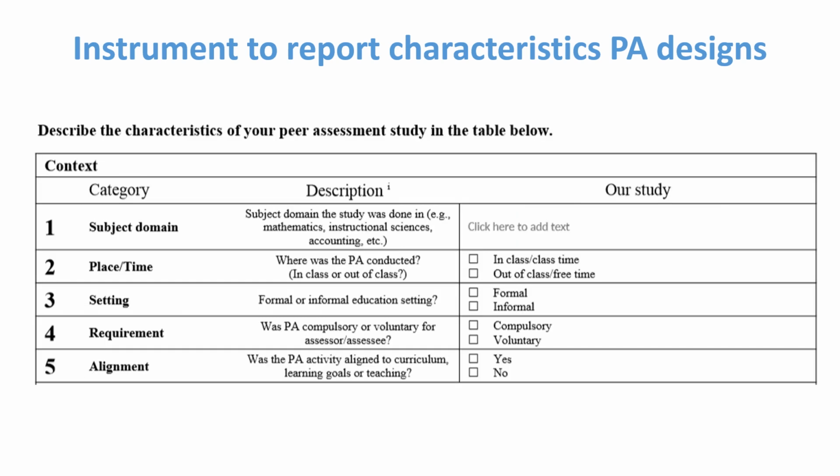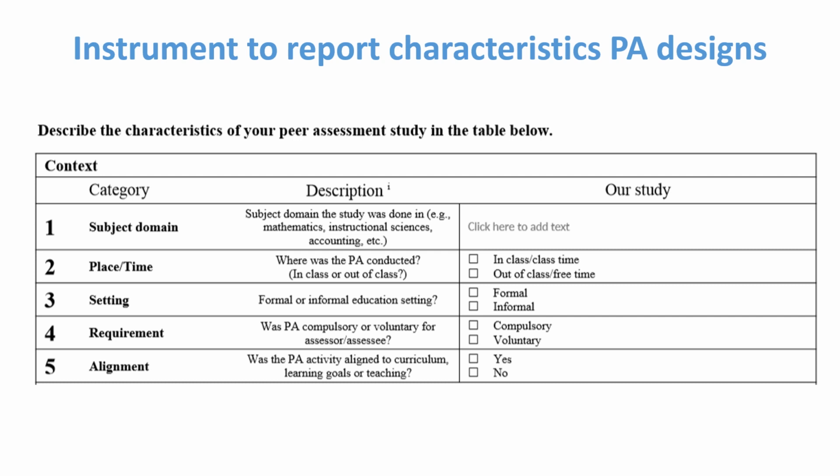So some of the categories that we included in this instrument are, for example, what is the subject domain, the place and time when the peer assessment took place, the setting, the requirement, the alignment, and so forth. The instrument is really easy to fill out. We made it in a way that in a number of categories is basically just ticking on a box.